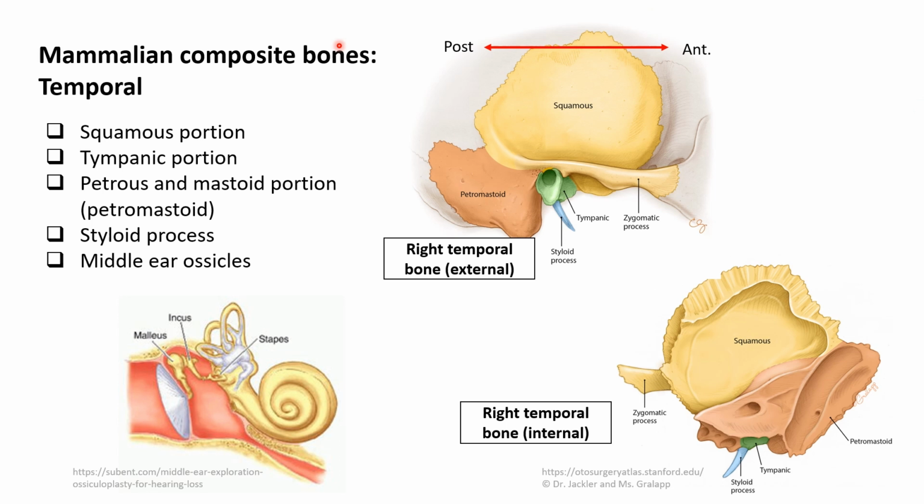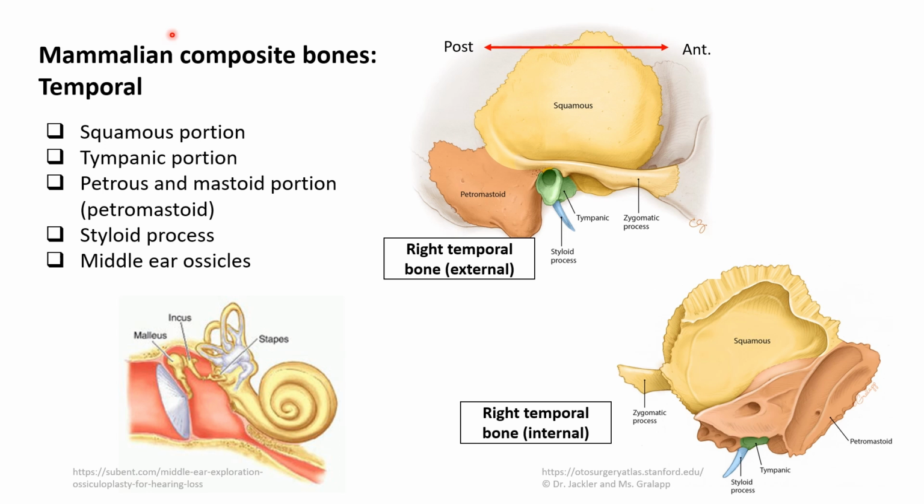Lastly, the three smallest bones in the body are located in the middle ear cavity. In elementary school, you probably knew them as the hammer, the anvil, and the stirrup. Synonyms in comparative anatomy are the malleus, the incus, and the stapes, respectively. These three middle ear ossicles greatly improve the range of sound waves that our mammalian ancestors could hear.